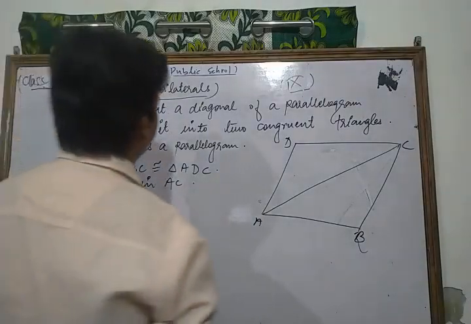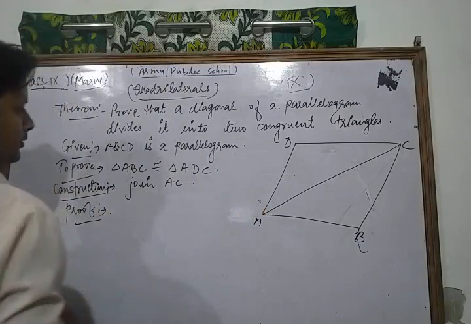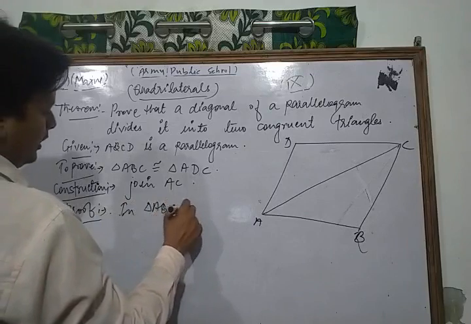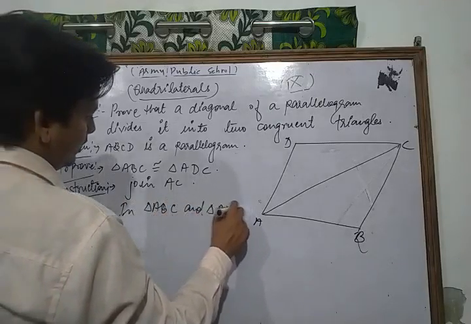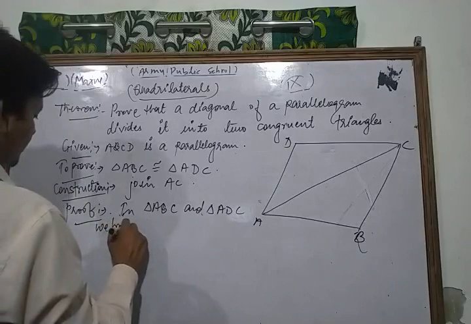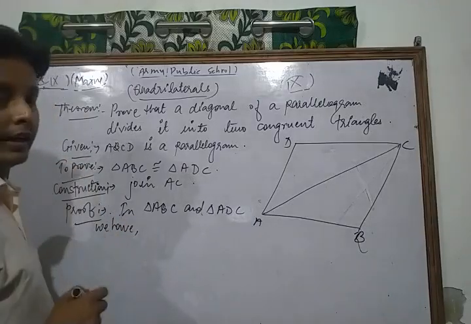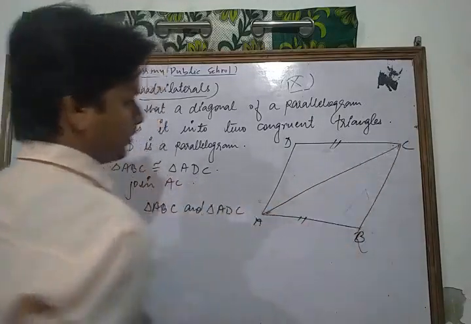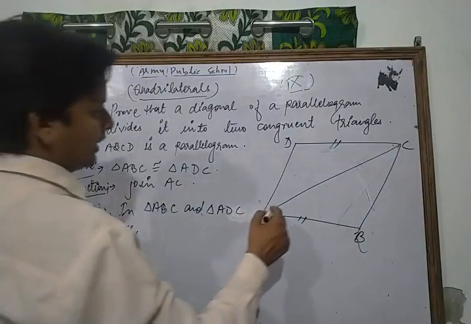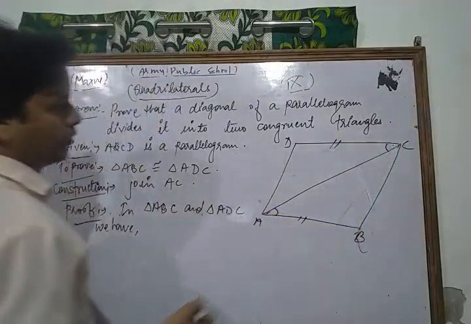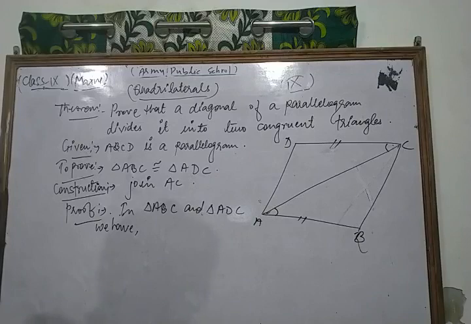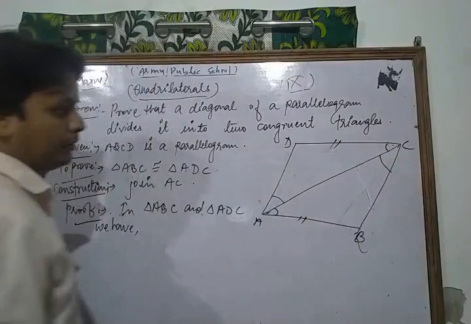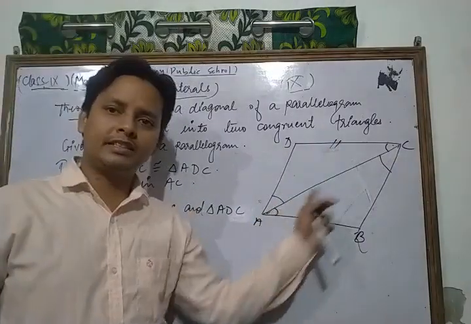In triangle ABC and triangle ADC, we have AB parallel to DC and AC as a transversal. So this angle is equal to this one because of the parallel lines and AC as a transversal.